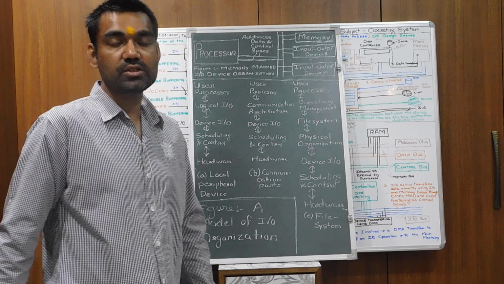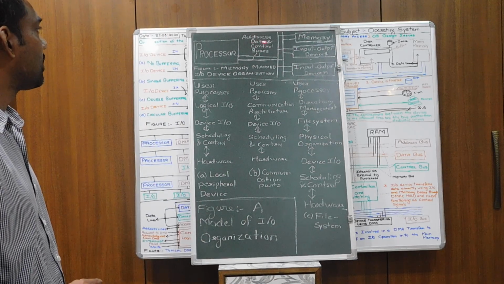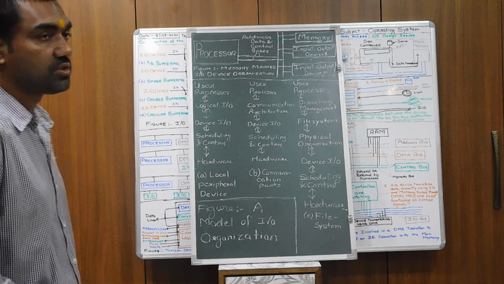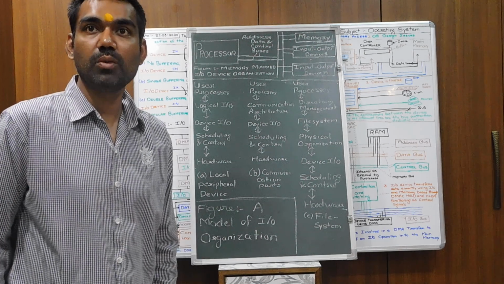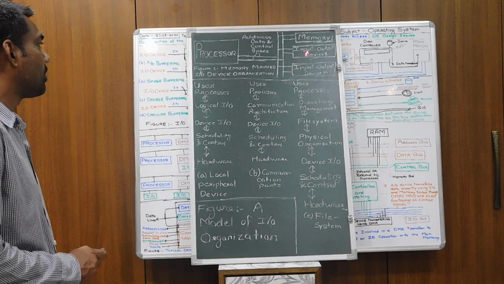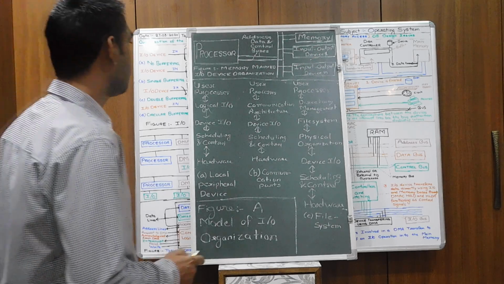There are three buses: the control bus, the address bus, and the data bus, and no separation is there. So memory referencing instructions are going to be utilized for performing the memory mapped operations.